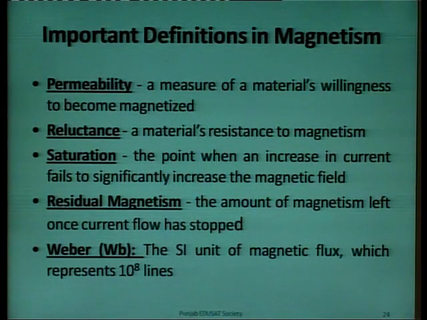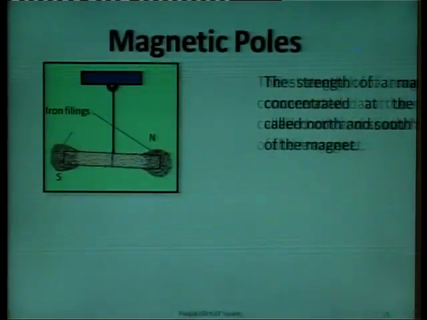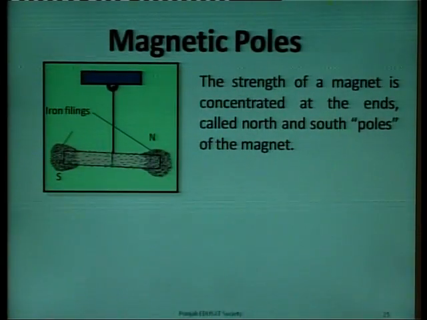So, these are the important definitions which are used in magnetism. Then we are having the magnetic poles. The strength of a magnet is concentrated at the ends, which are called the north and south poles of the magnet.